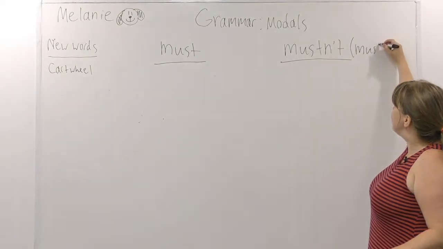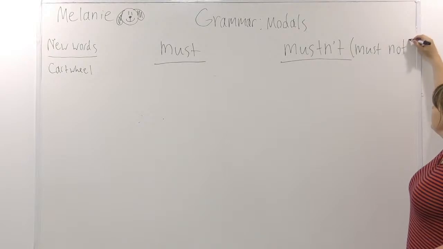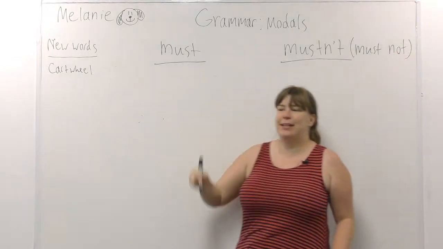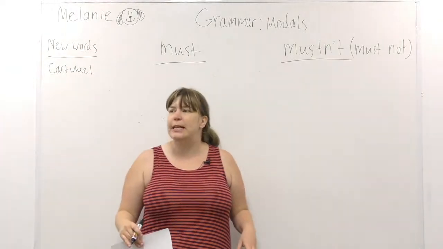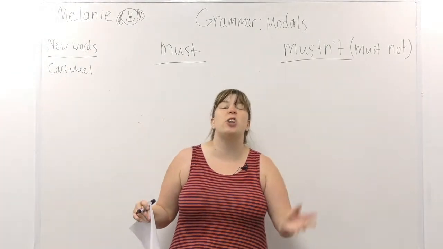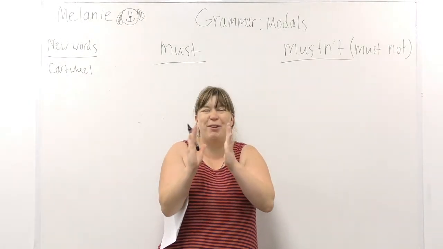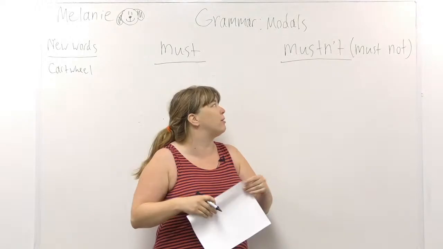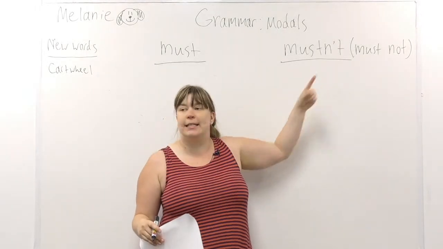Basically, it is a shortened version of must not. So if you've seen my lessons before, you've heard me say this many times. English speakers are lazy. We like to shorten our words as much as possible. So we turn must not into mustn't.